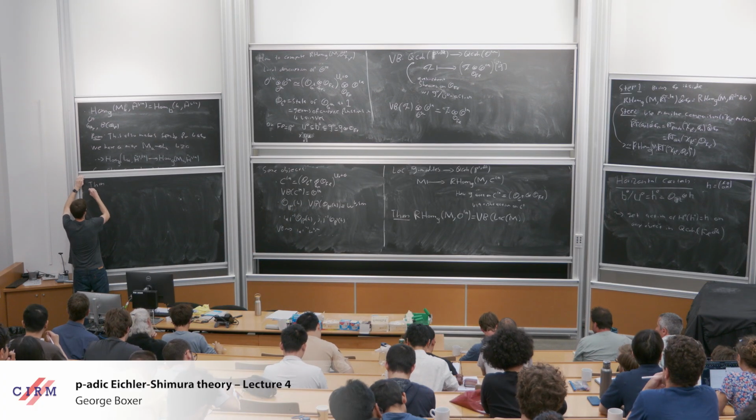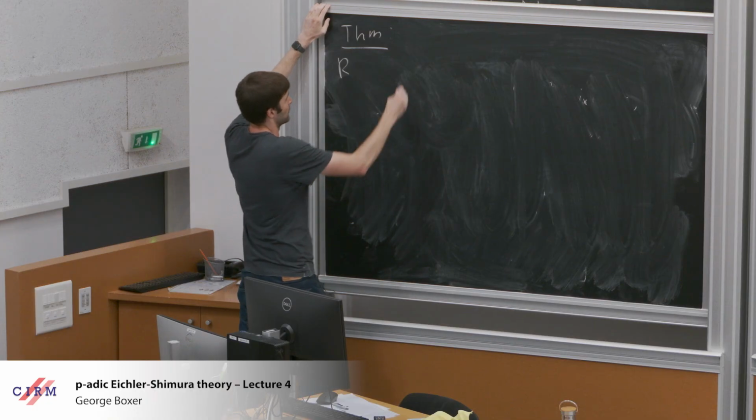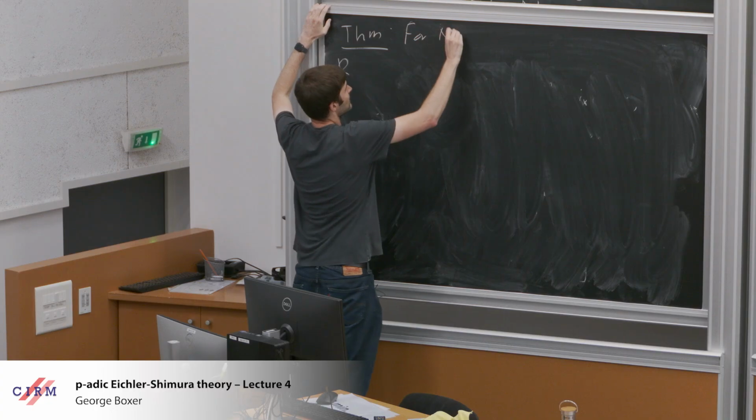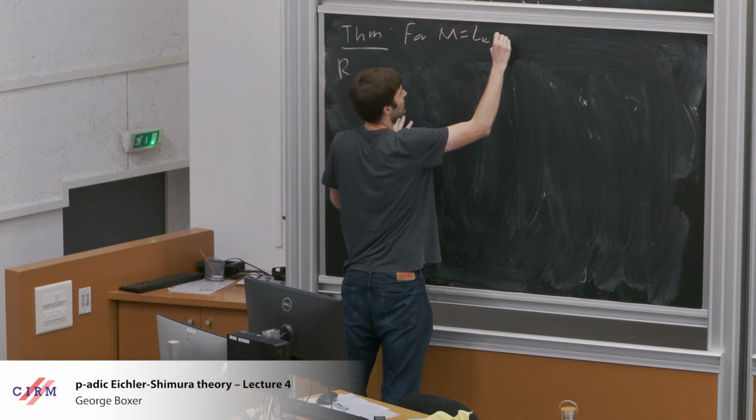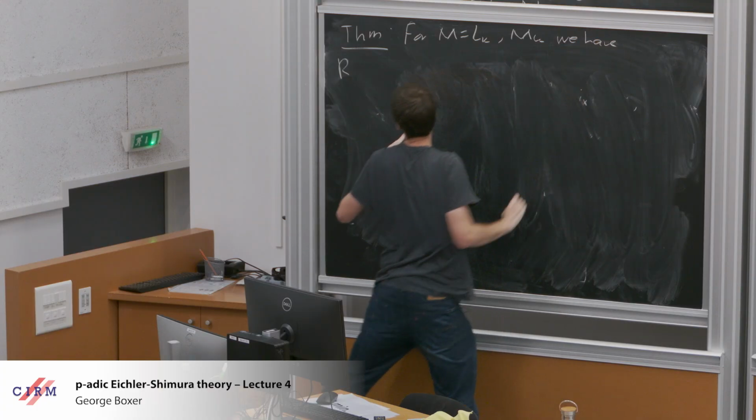So the theorem says that for M equal to this L_k or M_k, we have an isomorphism.